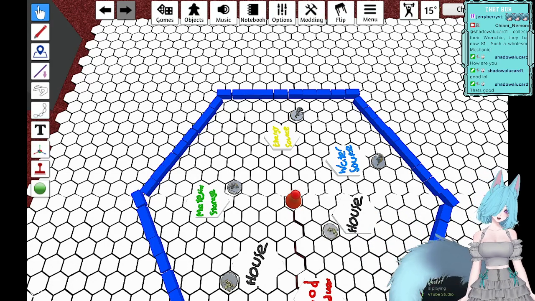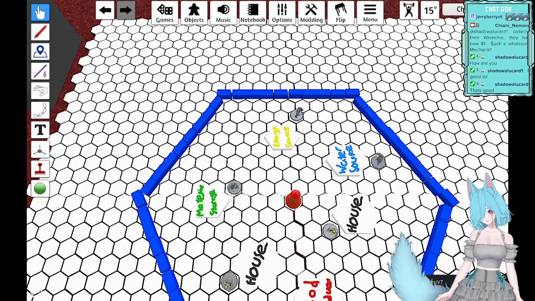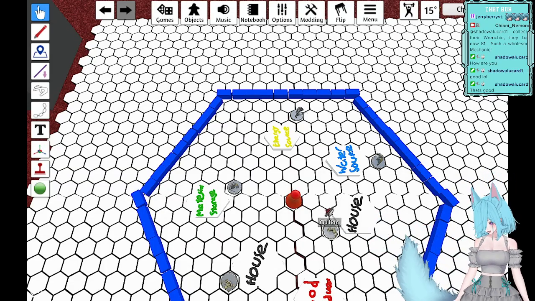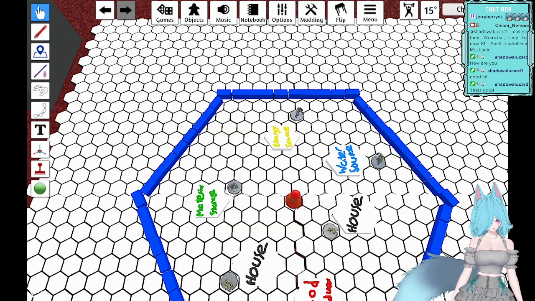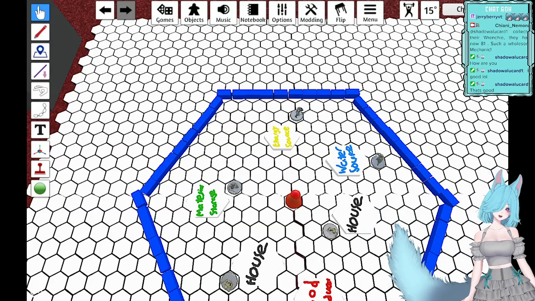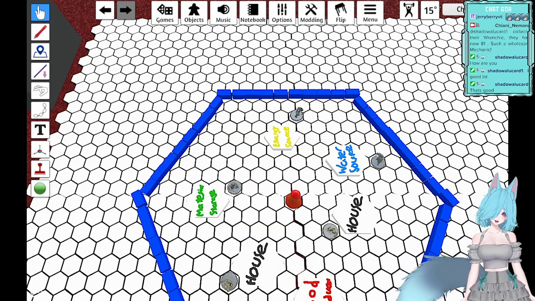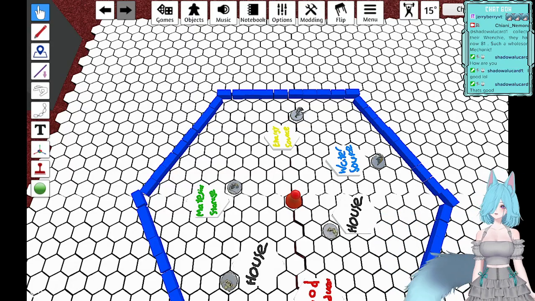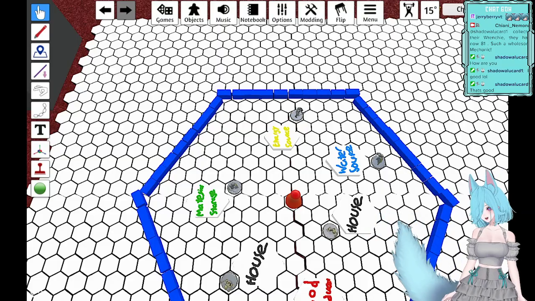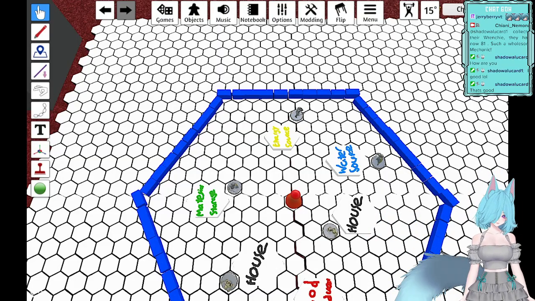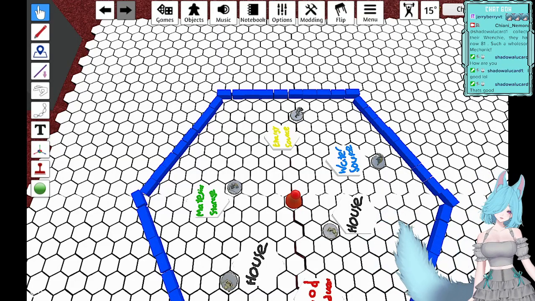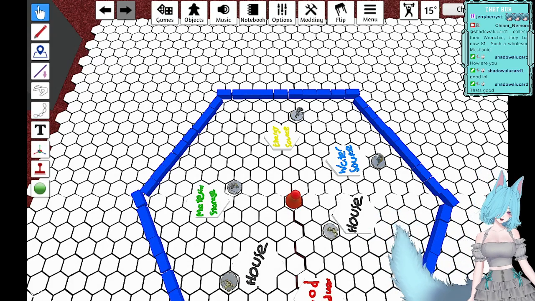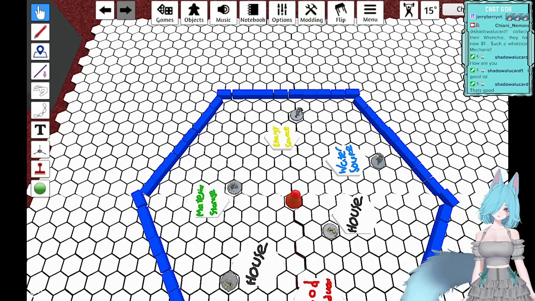So they attack us on sight. The citizens, these guys, the civilians, they won't fight us, but they are going to run away and alert the closest guard. Which, when that happens, the guard will start making its way towards us.